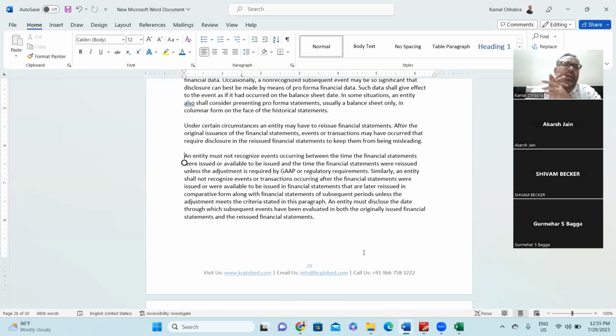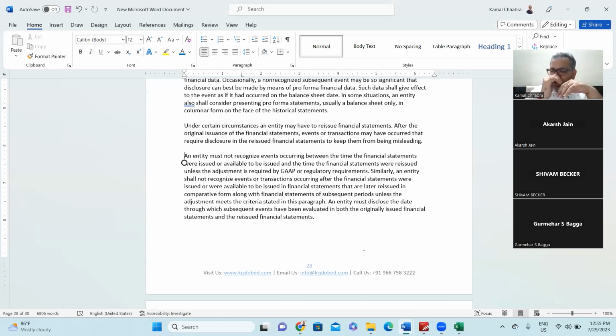So for example, you have audited XYZ company's financial statement for January to December 2022, right? And on 27th of February 2023, you have signed the financial statement. And now you have been appointed to do the audit of financial year 2023.